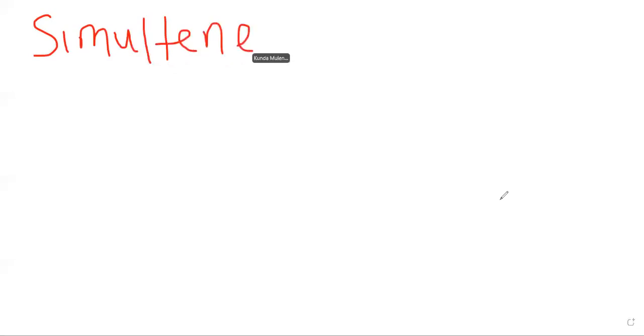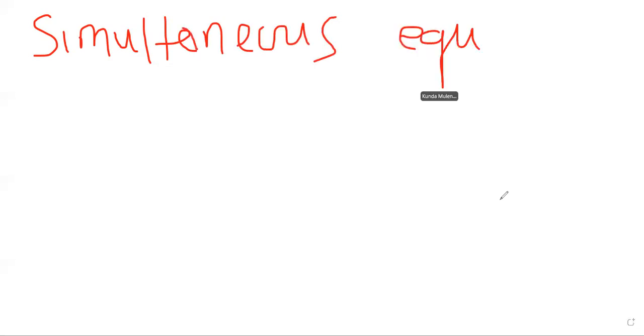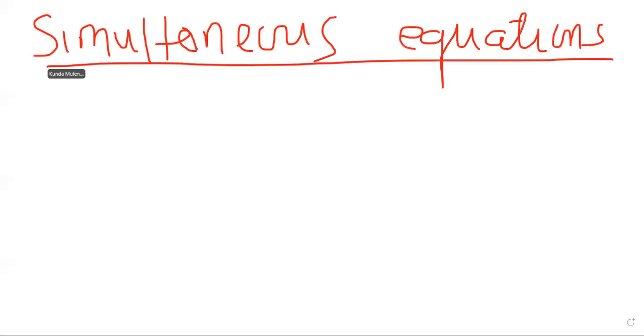Now, like I said, for simultaneous equations we use quite a number of methods.